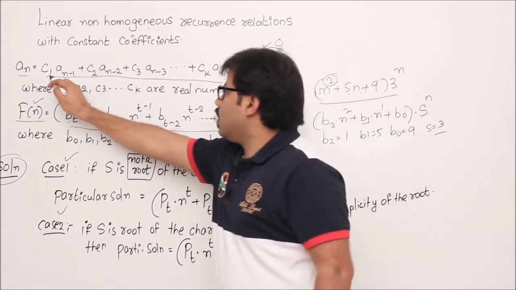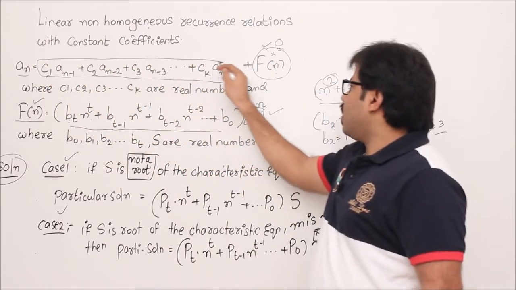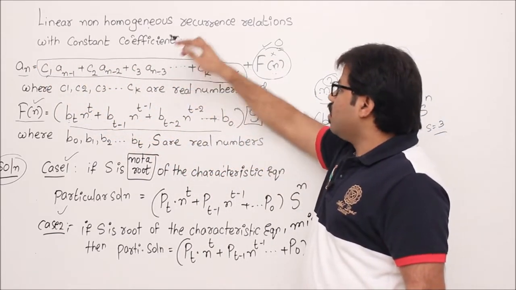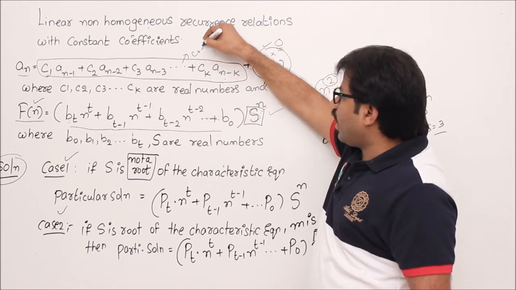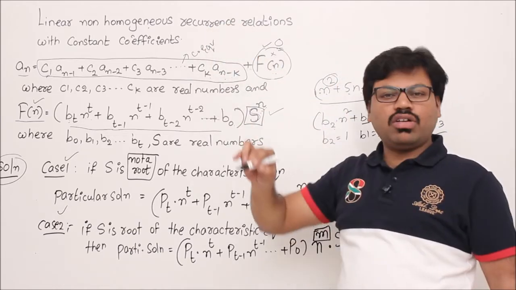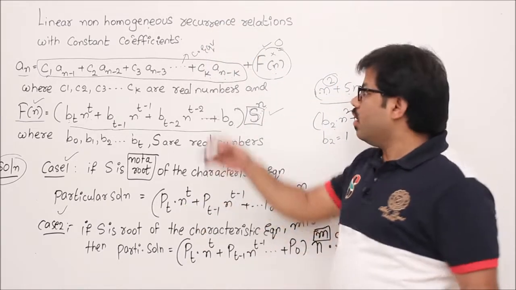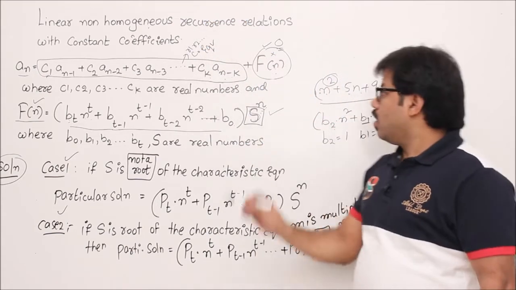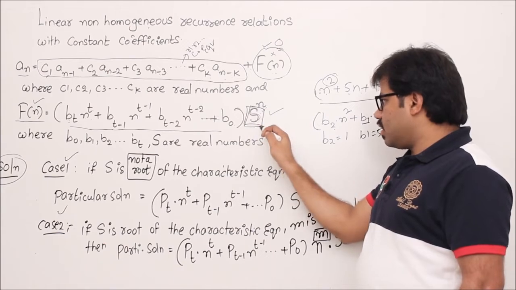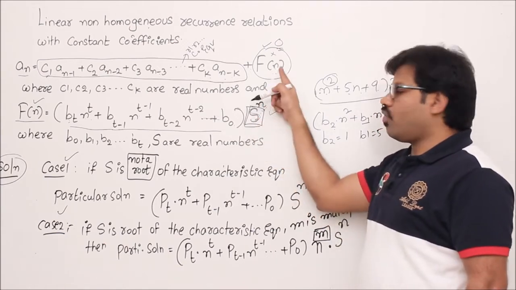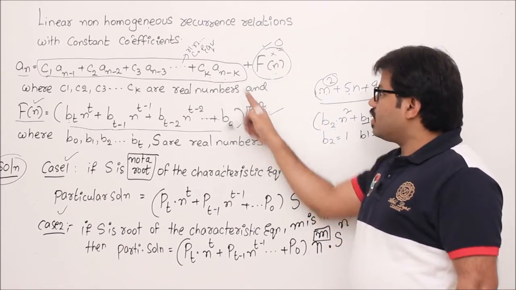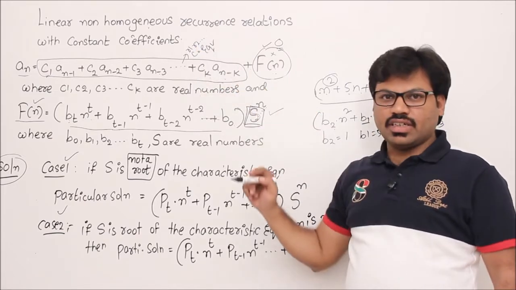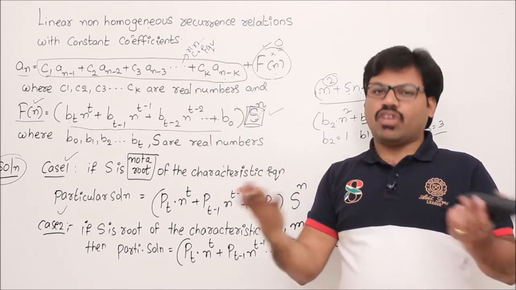If you see this part, is it not the homogeneous part? For this one, we have to find the characteristic equation. We know how to find it. We will find it. That characteristic equation will have roots, yes or no? Then, if this s, which is part of your function, is a root of this characteristic equation, then the particular solution is in one way.